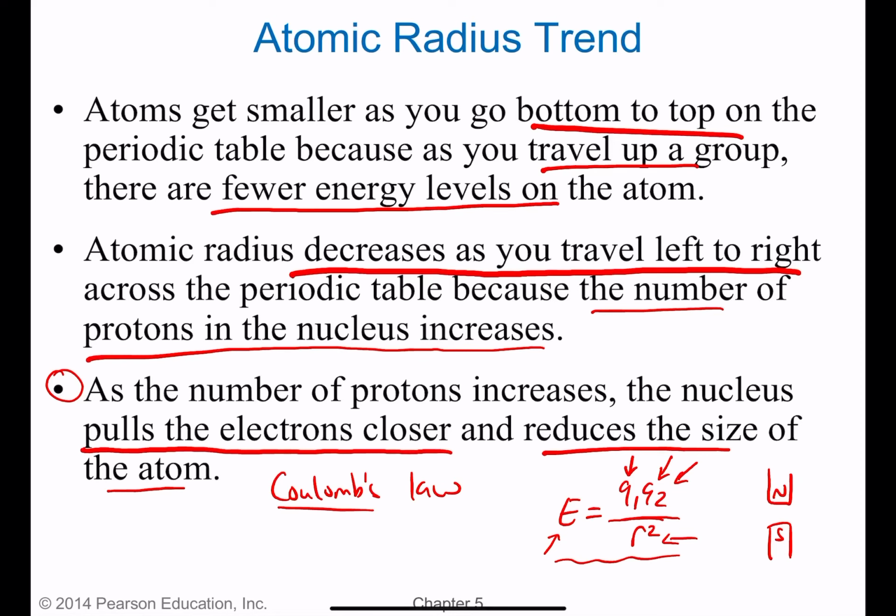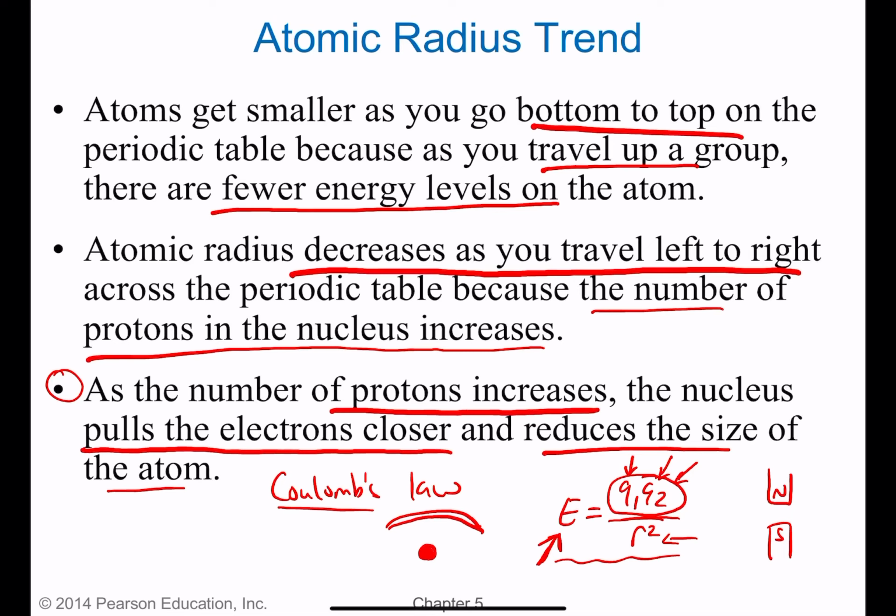If you've got more protons in your nucleus, this numerator is going to be a larger value, and the Coulombic pull, that attraction, is going to be stronger. When the Coulombic pull is stronger, it brings all of the electrons a little bit closer. So maybe instead of being this far, they come in just a little bit closer as you add more protons into the nucleus.